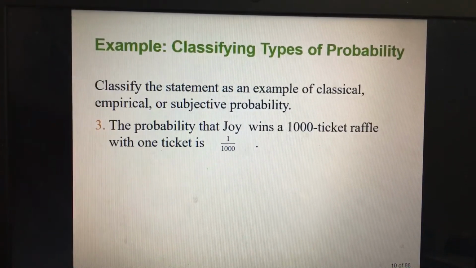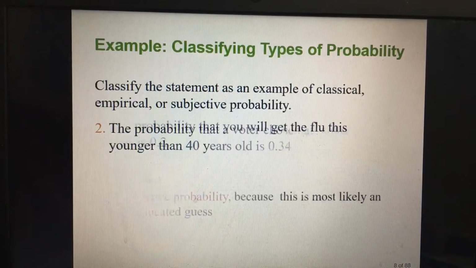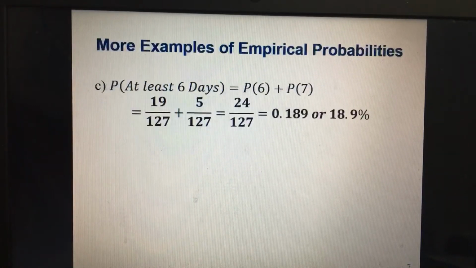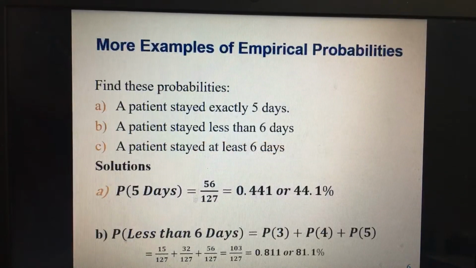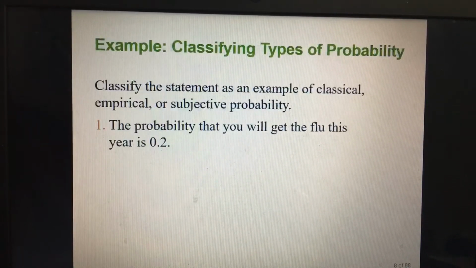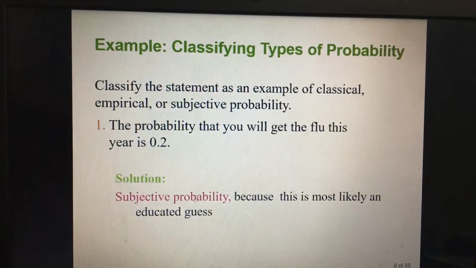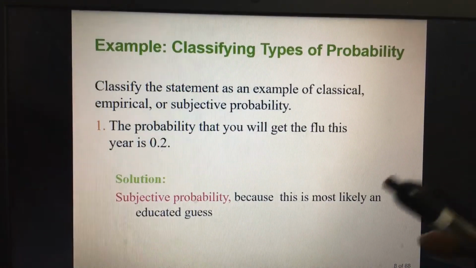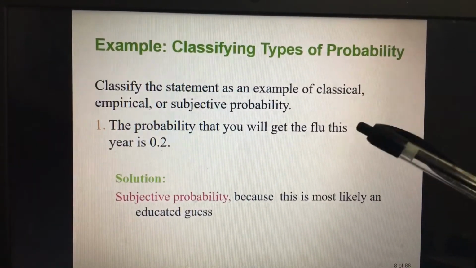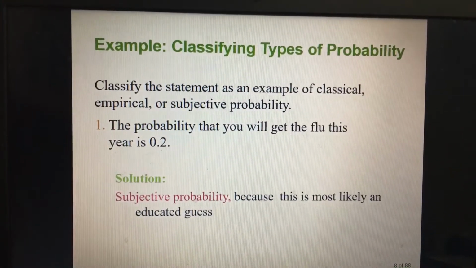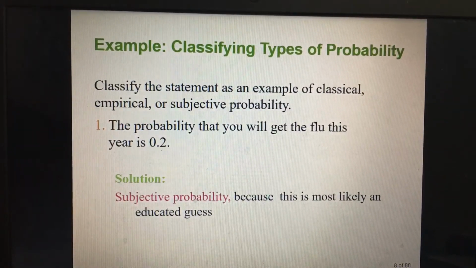Just 1 minute. Let me put it here. Okay. The subjective probability, let me put it here. I have an example here. Subjective probability. In this type of probability, it is based on what we called educated guess.